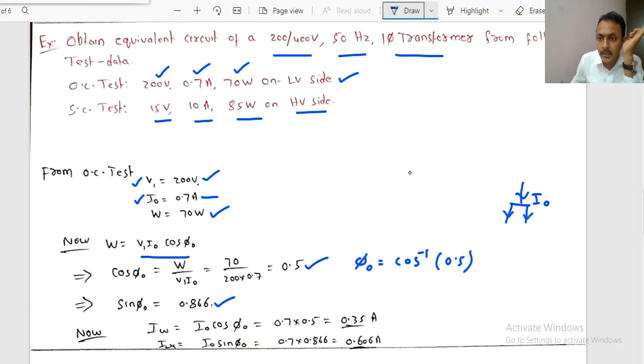One is the magnetizing component I mu, and another one is the working component. So IW is given by I naught cos phi naught, it is 0.35 amps. I mu equals I naught sin phi naught, it is 0.606 amps. So from this open circuit test, we have calculated IW and I mu.